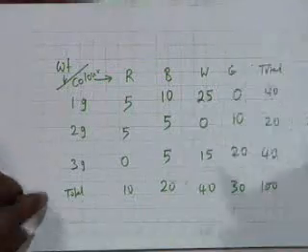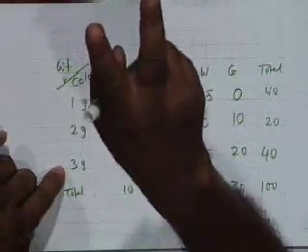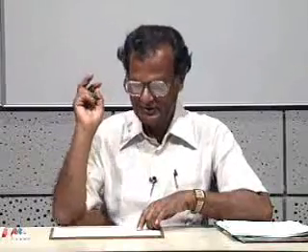Now, we want to know the probability of picking up, let us say, a green ball which has a weight of 3 grams. Obviously there are two characters now given, and therefore this is a joint probability. We have already seen the probability of picking up a red ball: 0.1, that is 10 divided by 100. But now we are attaching another character.